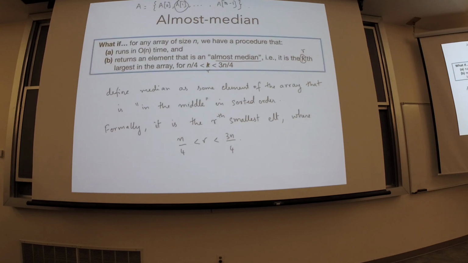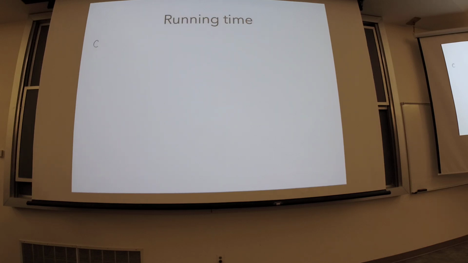So if you are able to find an element like this, the claim is that having access to an almost median allows us to reduce the problem size by a factor at least 3 by 4.